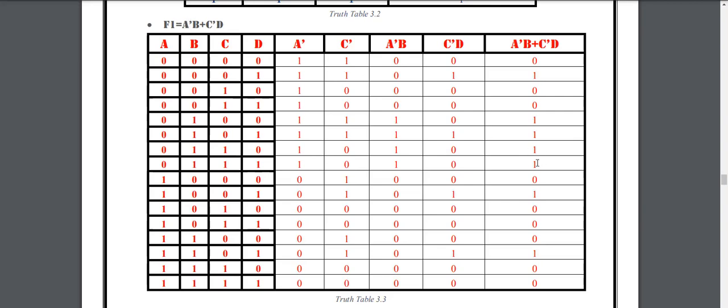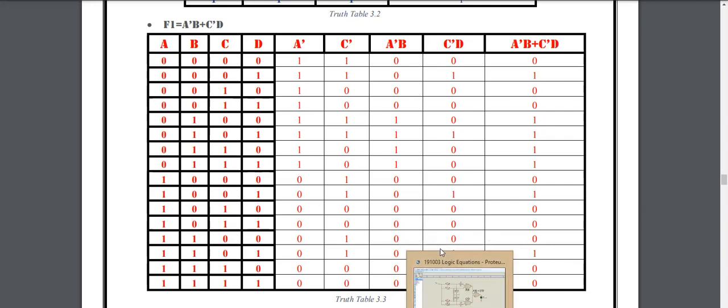These four ones come because of the one value of B and the one value of A complement, regardless of what the value of C and D is. This one comes because of D being 1 and C being 0. This comes because of the same reason again.